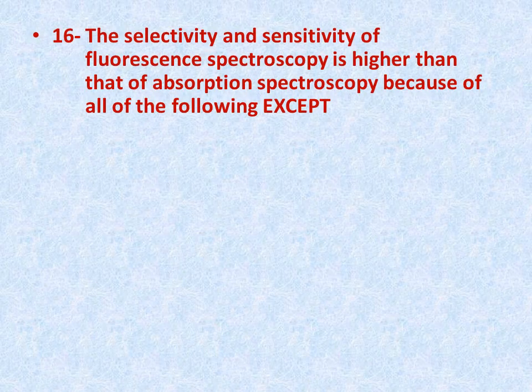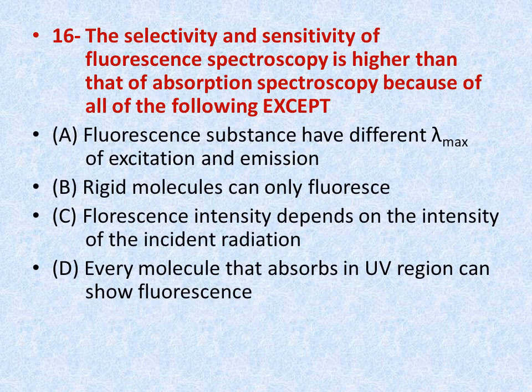Question number 16. The selectivity and sensitivity of fluorescence spectroscopy is higher than that of absorption spectroscopy because of all of the followings except. So let's see what is that option. So here are the options. A, fluorescent substance have different lambda max of excitation and emission.